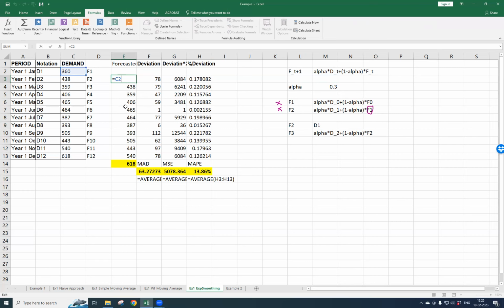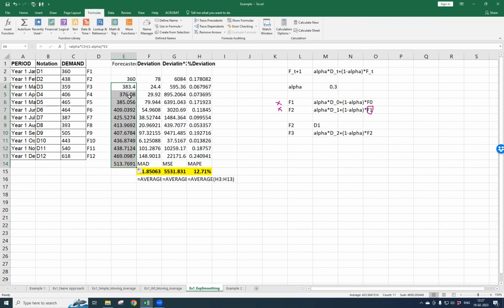Now here, I'm going to say alpha into D2, plus 1 minus alpha times F2, so I'm going to use this. That's it. All I have to do is drag this formula and automatically everything changes. As you can see, this becomes dependent on these values and so on.